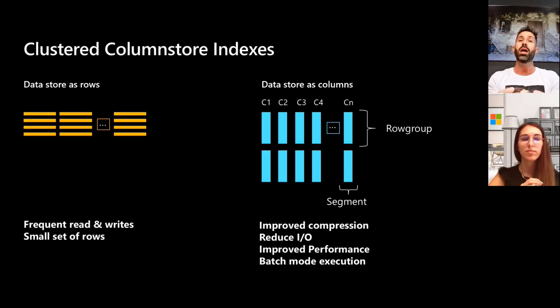Batch mode execution is different from row mode execution, because instead of working row by row, we get a batch of almost 1,000 rows and execute every operation on this set. That's where we gain performance.